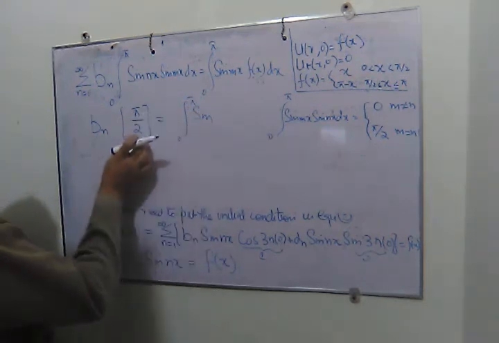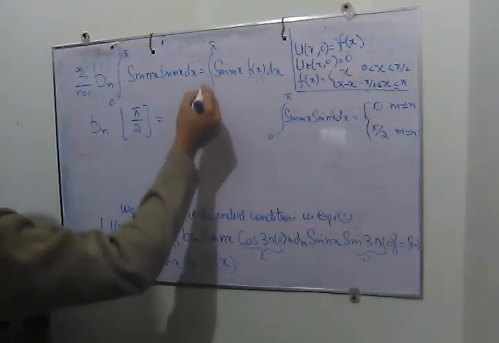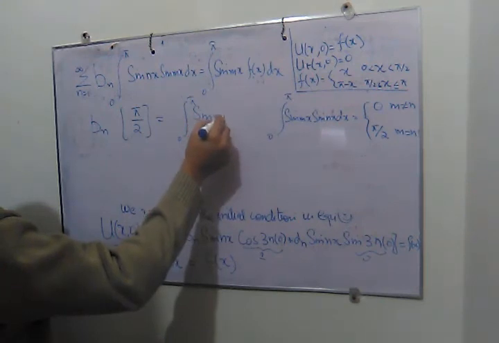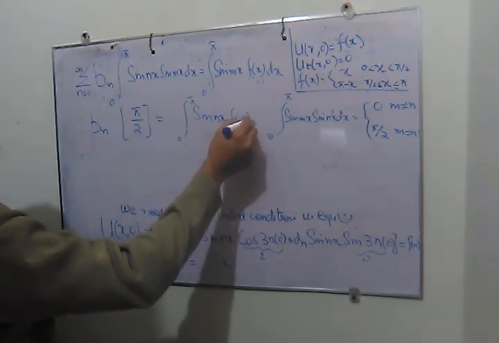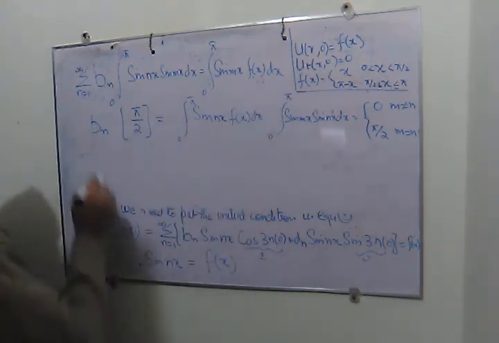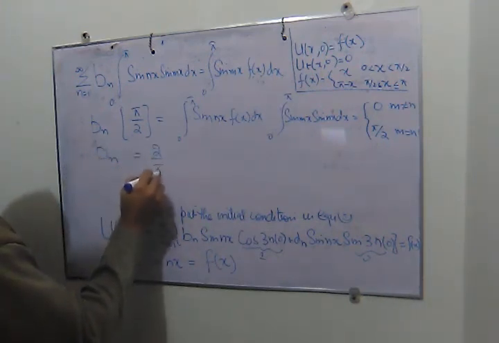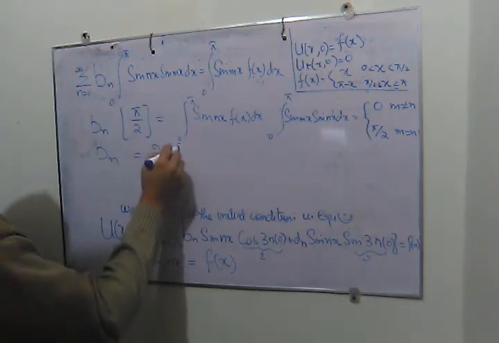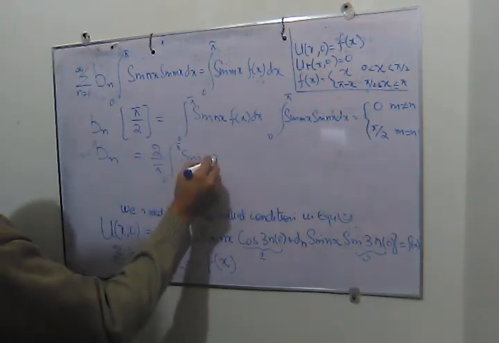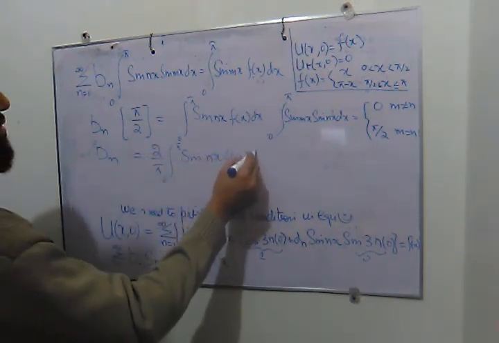Since this result is obtained when m is equal to n, we can replace m with n, which means that Bn is basically equal to 2 upon pi times the integral of sin nx f(x) dx.